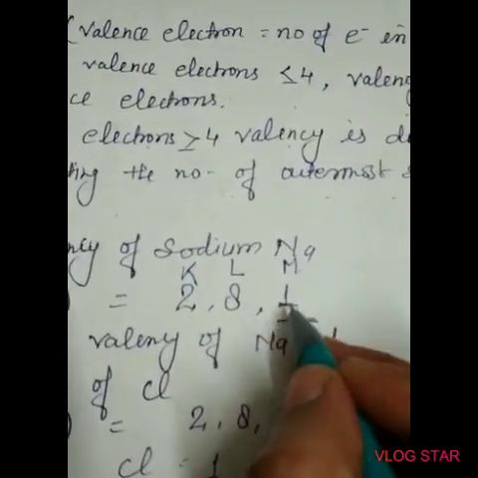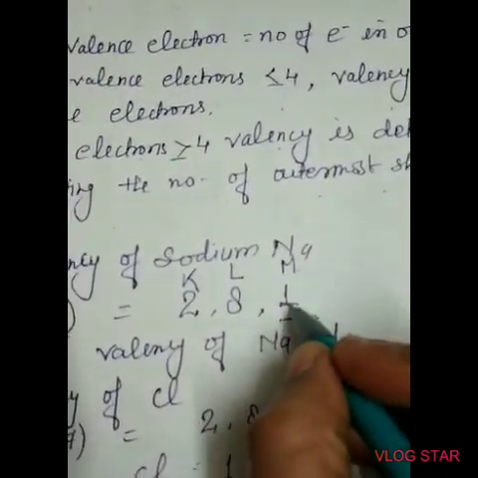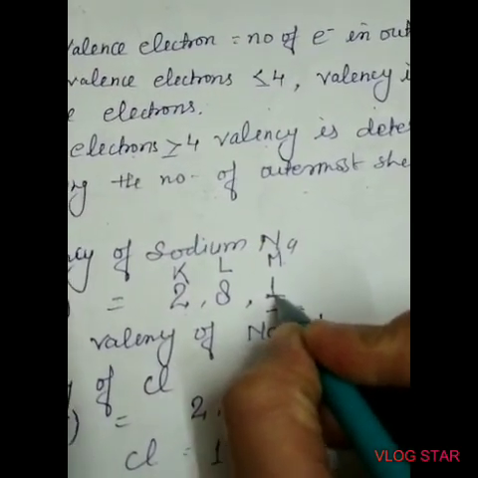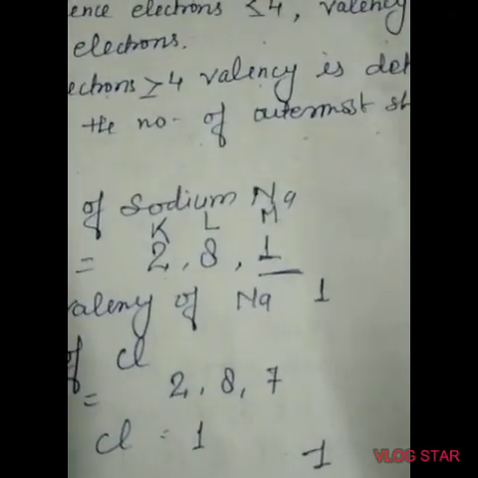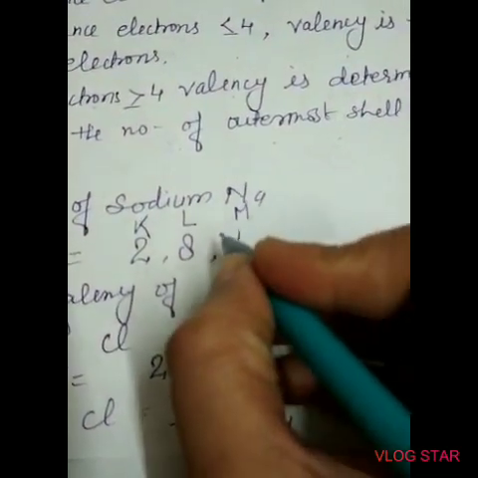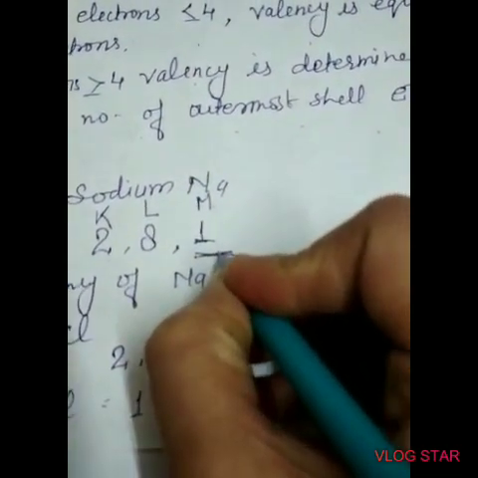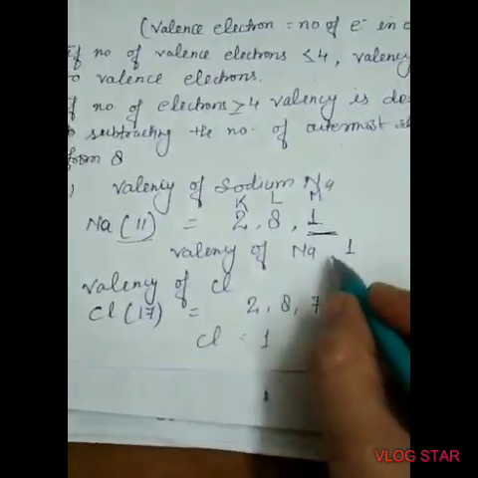Now look at the outermost shell. It contains only 1 electron. According to the rule, if the number of valence electrons is less than 4, valency is equal to valence electrons, meaning the last shell electrons. So the valency of sodium will be 1.